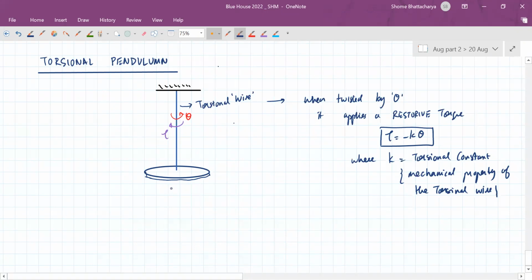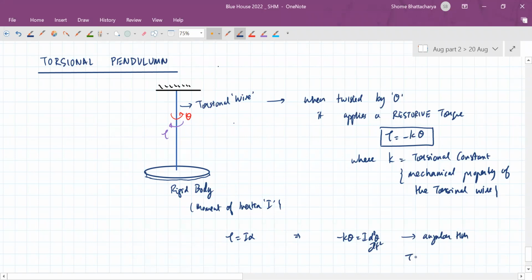So in this case, if this rigid body attached to a torsional wire like this has moment of inertia I, okay, then see that this is an angular harmonic motion with omega square equal to k by I, where I is the moment of inertia.